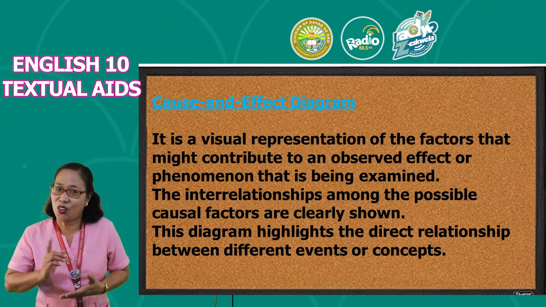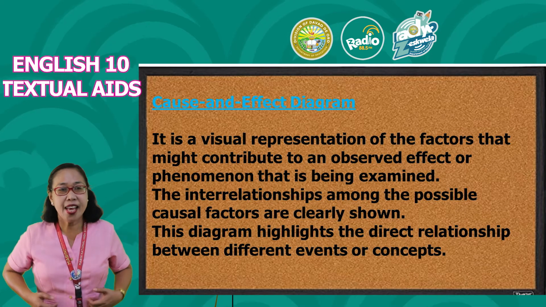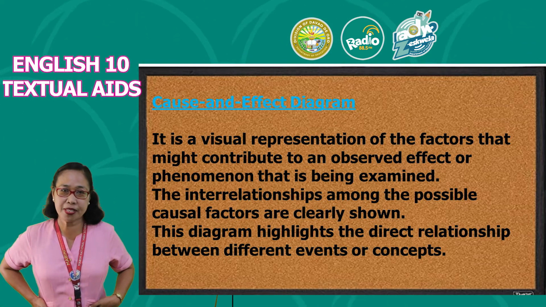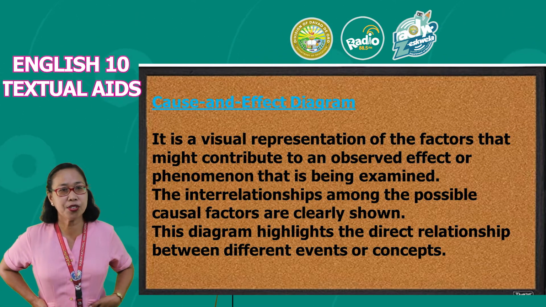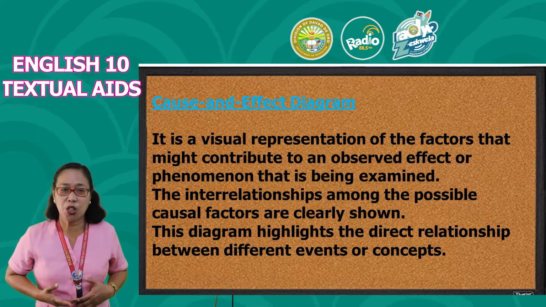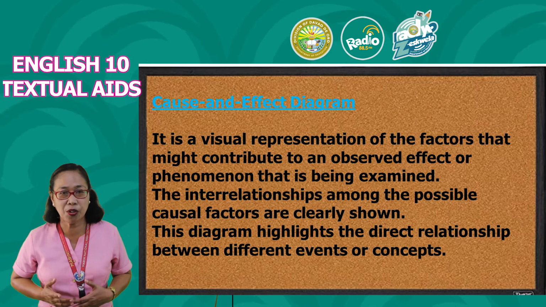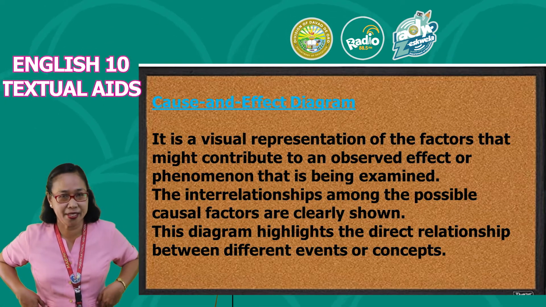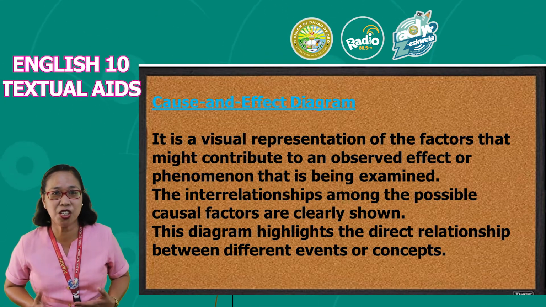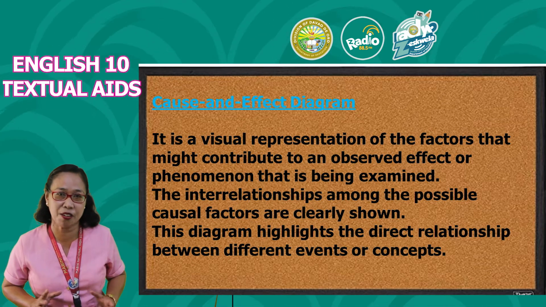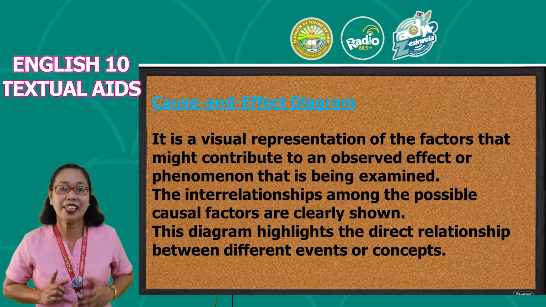Lastly, cause and effect diagram. It is a visual representation of the factors that might contribute to an observed effect or phenomenon that is being examined. The interrelationships among the possible causal factors are clearly shown.